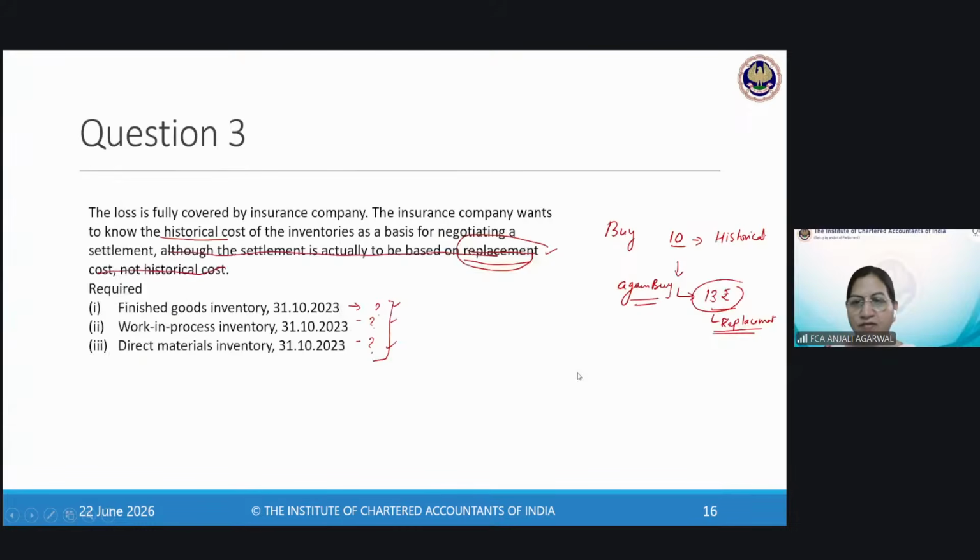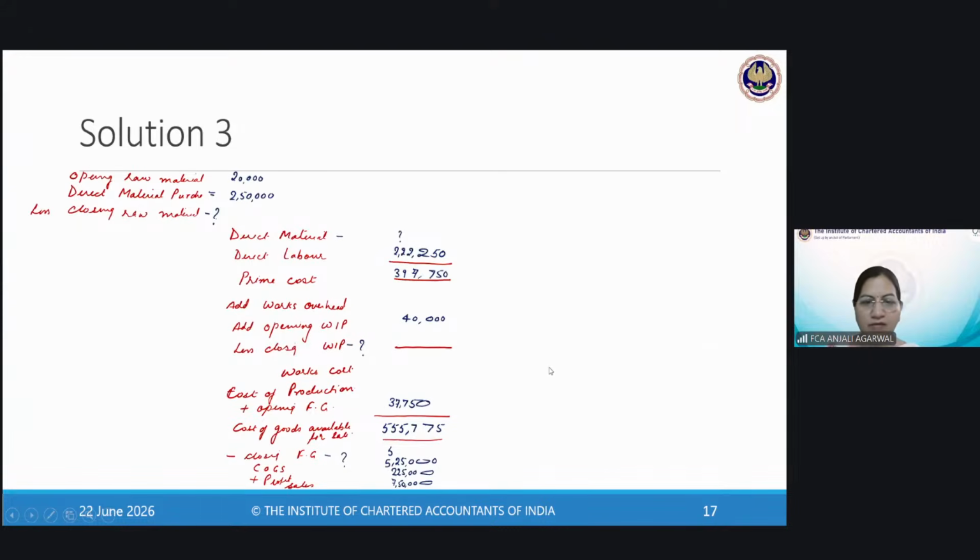Three working notes we will need. First, sales we have put minus 30%. Profit is 30% of sales. So we calculated 2,25,000. Give it a working note. Cost of goods sold is 5,25,000. Therefore, now you will get your first information. How much were the goods available for sale? 555,775.